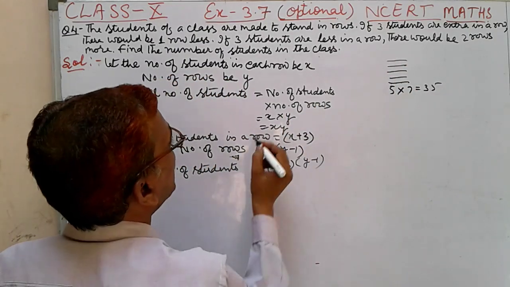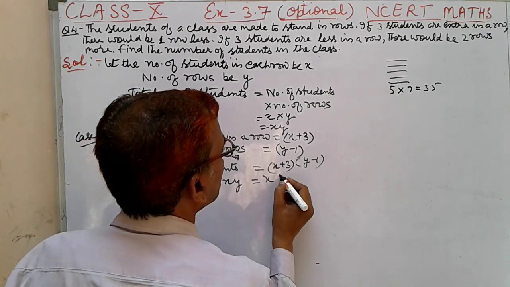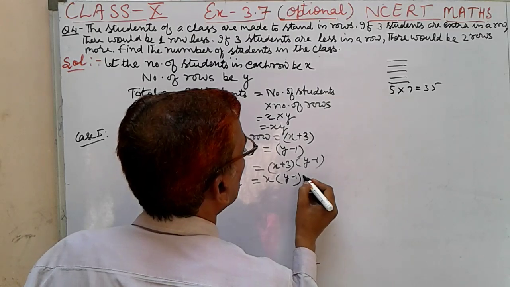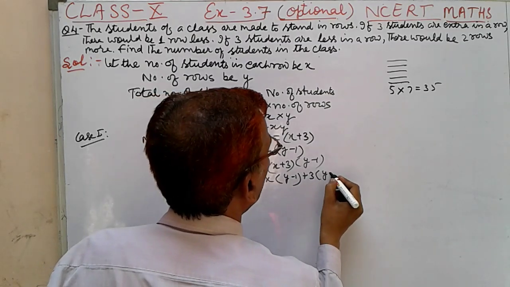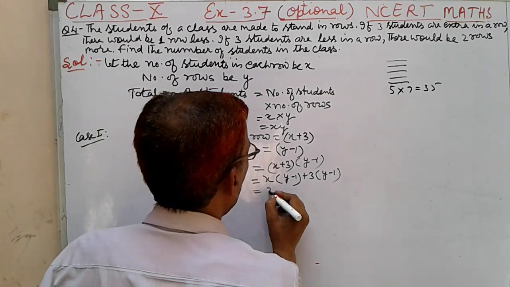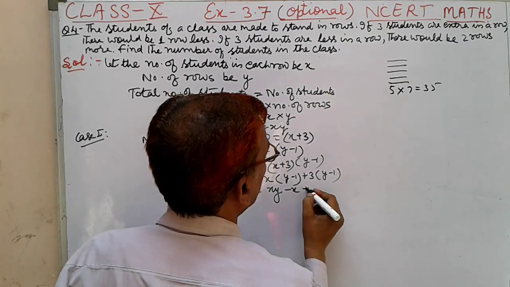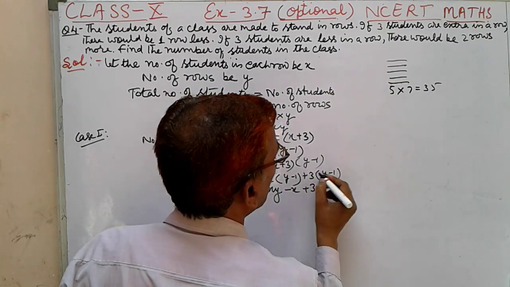So xy is equal to x(y minus 1) plus 3(y minus 1). Open the bracket by multiplication: xy, x into minus 1 is minus x, plus 3 into y is 3y, 3 into minus 1 is minus 3.